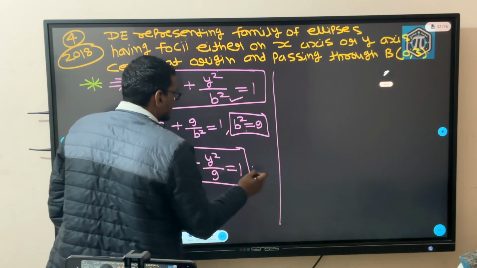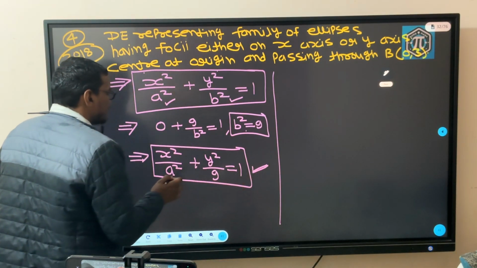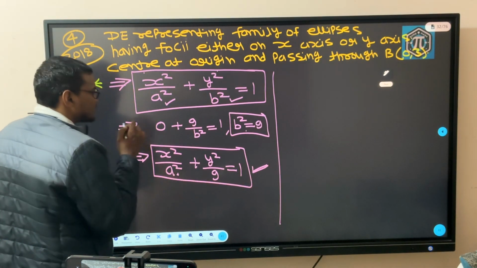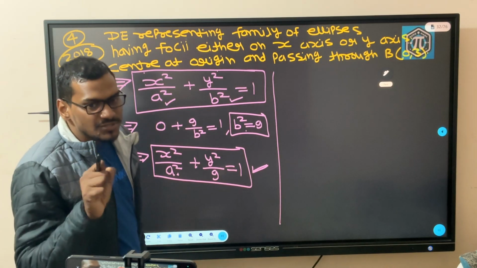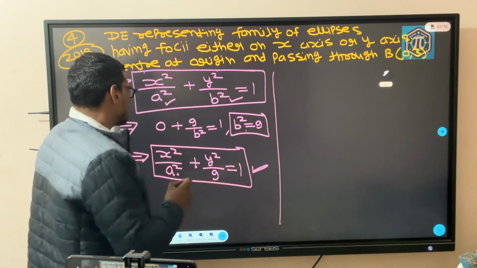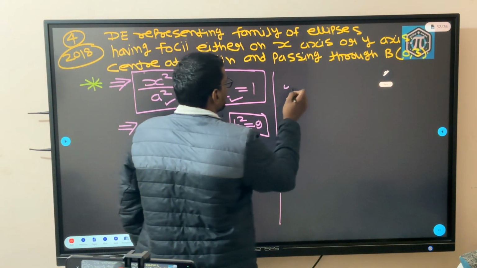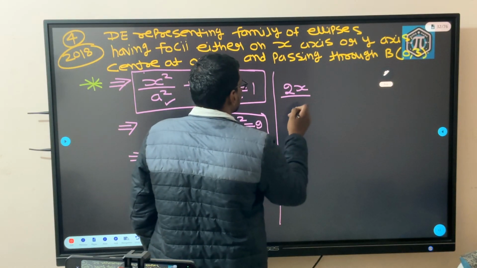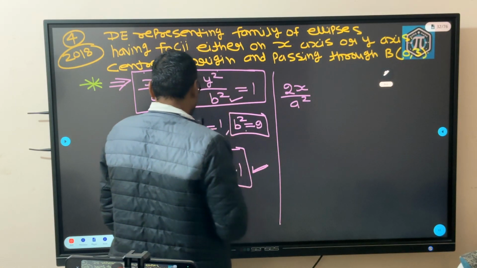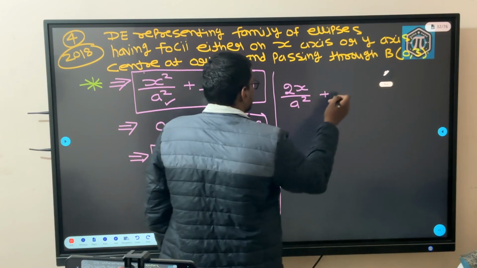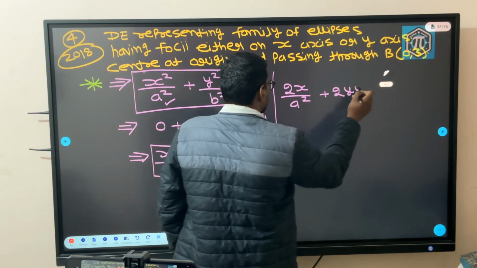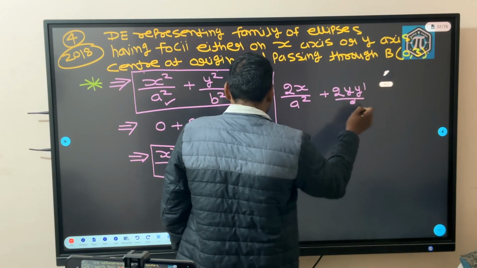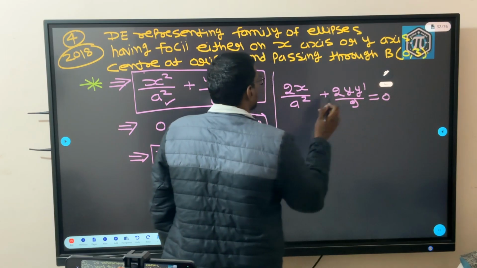Right? See, from here now, there is only one arbitrary constant. So you have to differentiate only once. Differentiate it. You are going to get 2x by a square plus 2y y dash by 9 equal to 0.